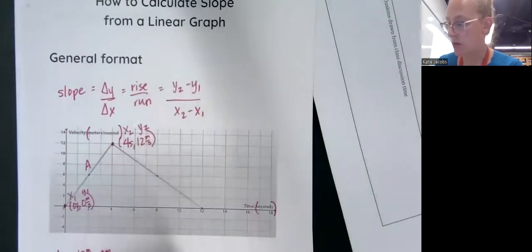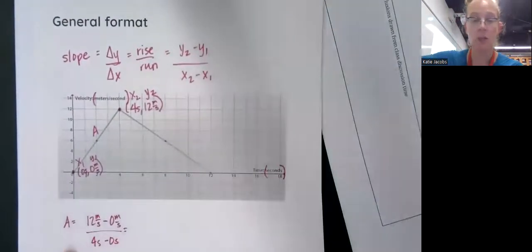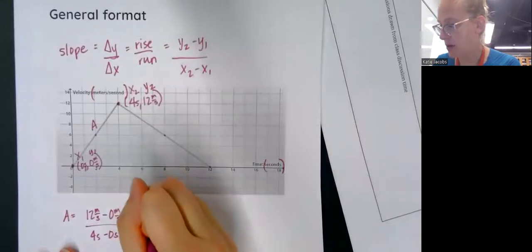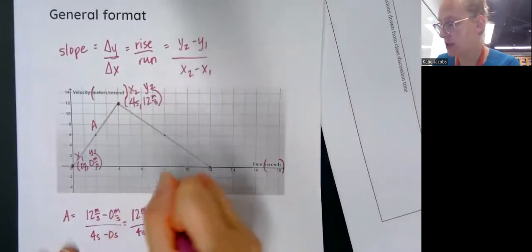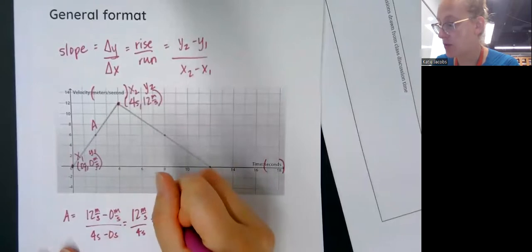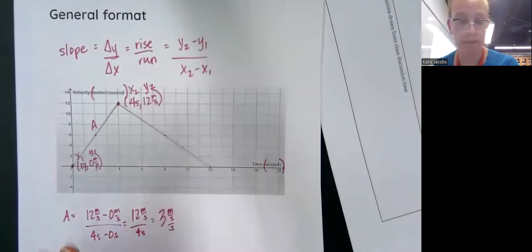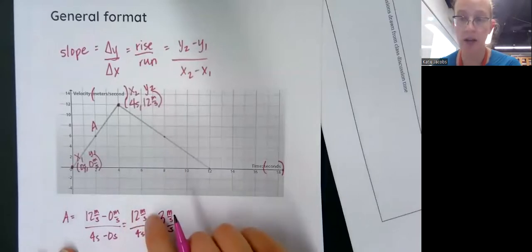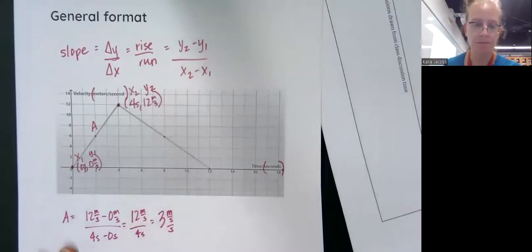So it's going to be 4 seconds minus 0 seconds. So my answer is going to be 12 meters per second over 4 seconds, which is 3. And then I keep the unit, meters per second per second. Seconds doesn't actually cancel out when it's on the bottom here and on the bottom here. And that is the answer for the slope of segment A.